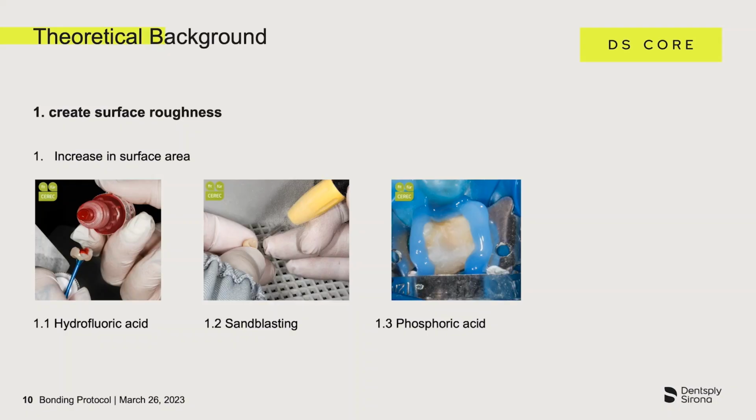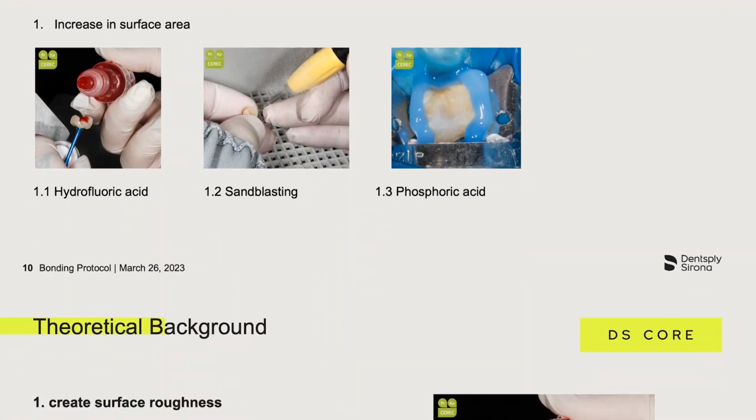Let's look at the different materials and shed some light on how we can create micromechanical retention in these different materials. For us, basic tools for producing micro roughness are hydrofluoric acid, aluminium corundum for sandblasting, or phosphoric acid.